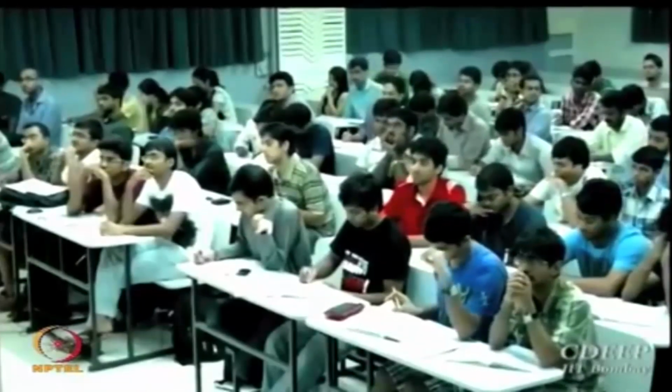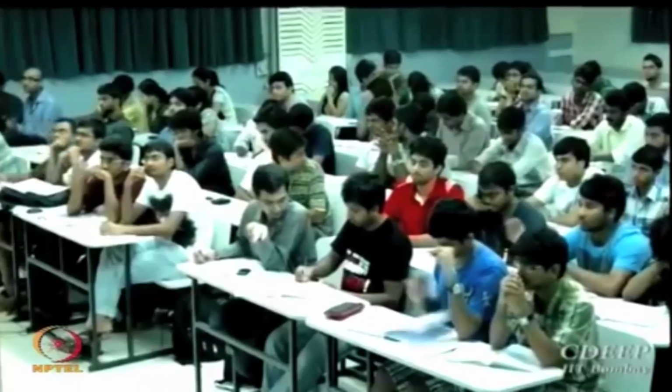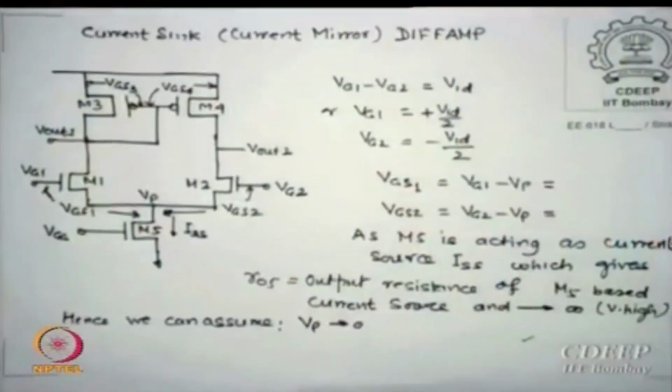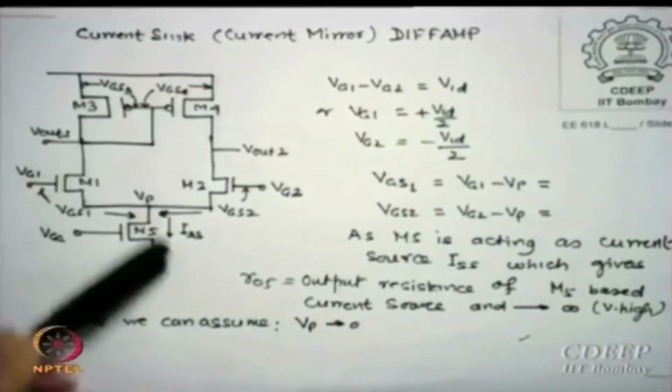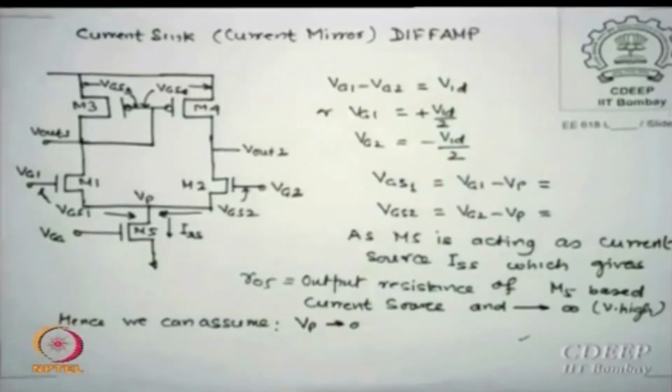Okay. Let us look at the third one, which is the one of great interest to us, which is the first stage of the op-amp, called the current mirrored diffamp, current sink, or current source. What is the difference between source and sink? Whenever current starts from the power supply it is called sourced, whenever the current goes to the ground it is called sink, okay.